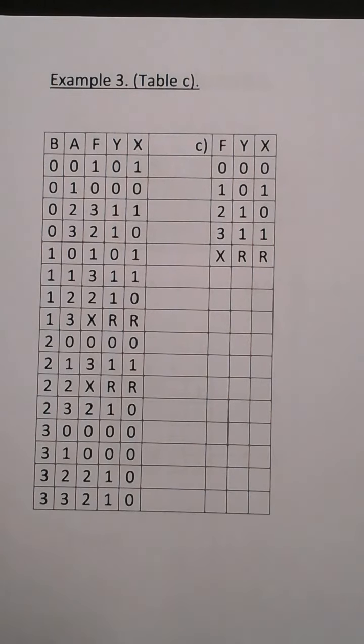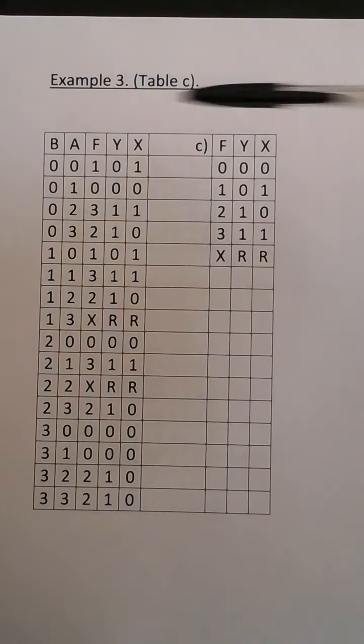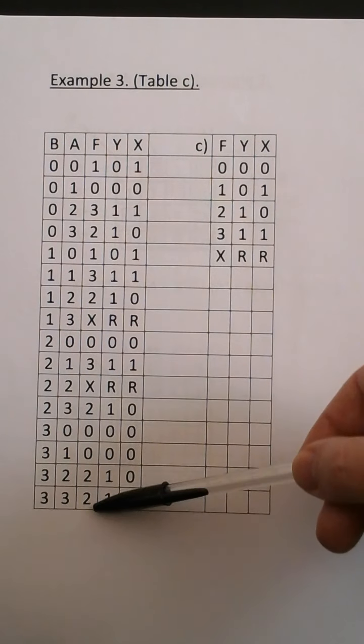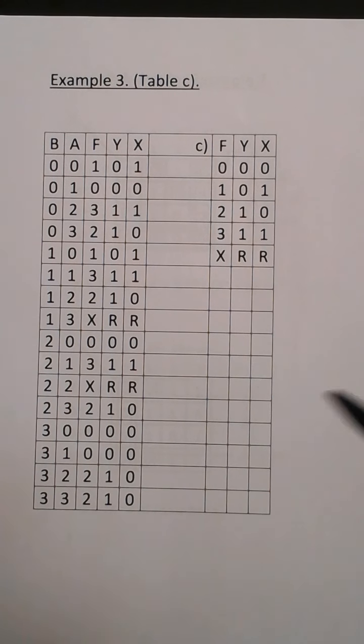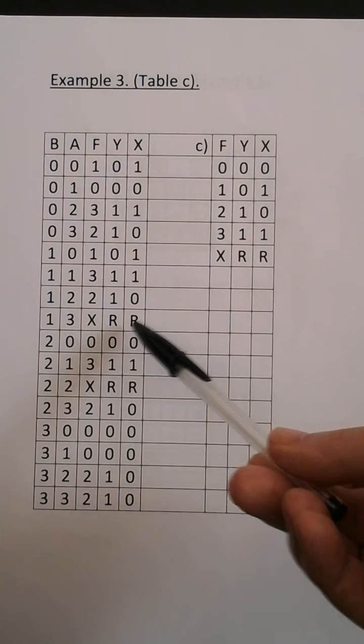Here we have example 3. This is for table C in the ampersand function that I showed you. Again, inputs A and B, two inputs, the same function f. For example, f equals x, x and y both equal r.